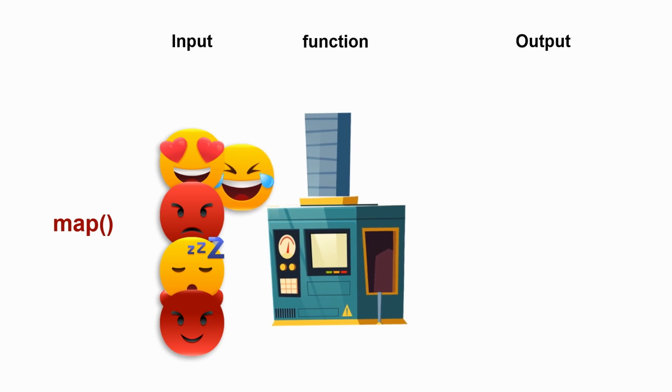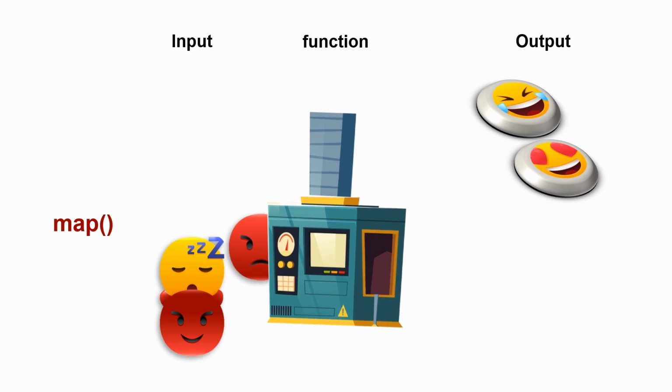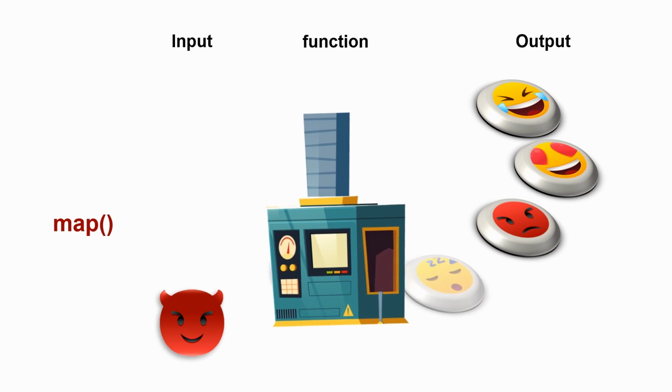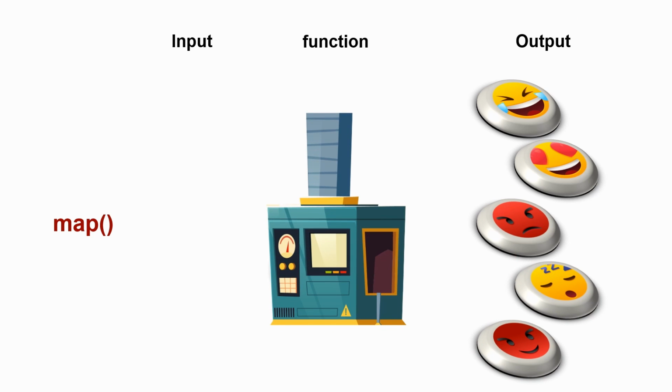When the element is processed, the function will return a very new element, which is made using the input element itself. And you can notice that this is an array. That means the output will be an entirely new array, which consists of entirely new elements.